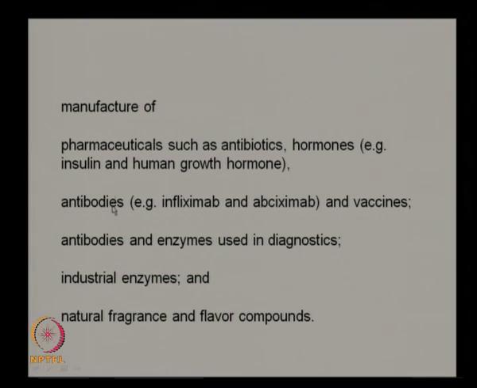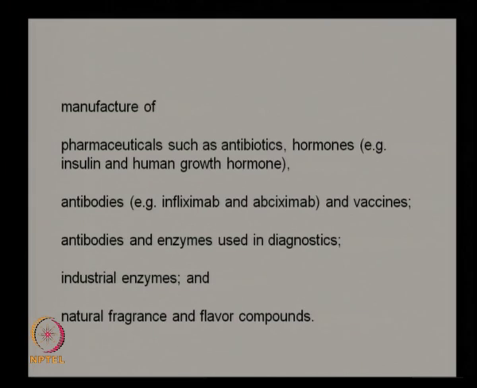It is used in antibody manufacture, vaccine manufacture, in enzymes which are used in diagnostic kits, enzymes used in industrial applications. Even your soap, for example, contains enzyme. It can be used for natural fragrance, flavors, food products and so on. So almost all biologically manufactured products require downstream steps, hence downstream becomes extremely important.